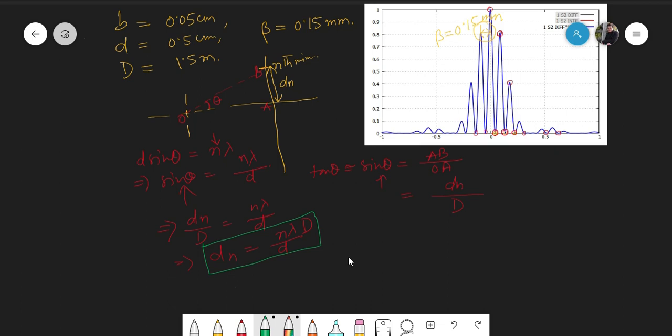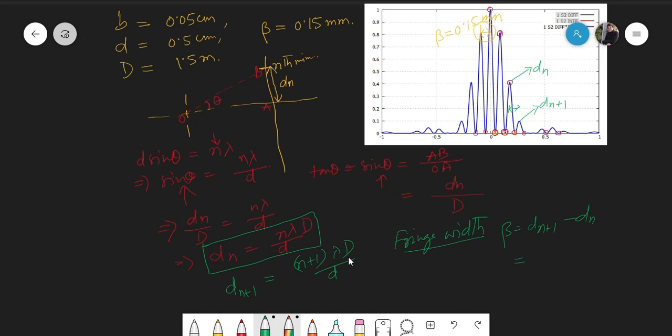What would be the distance of the n plus 1th maxima? That would be n plus 1 lambda capital D by small d. Now fringe width would be dn plus 1 minus dn. So let's say this is dn, then this would be dn plus 1. So the distance between these two would give you the fringe width.